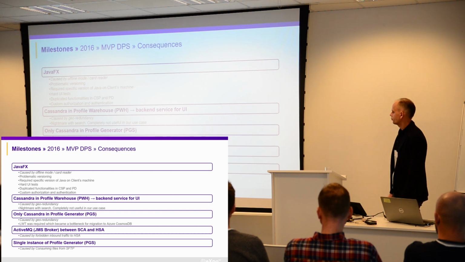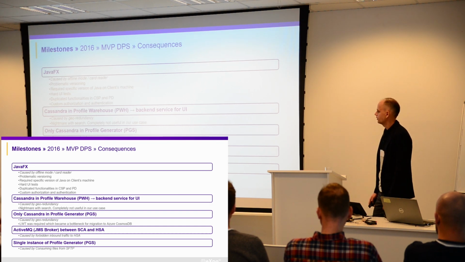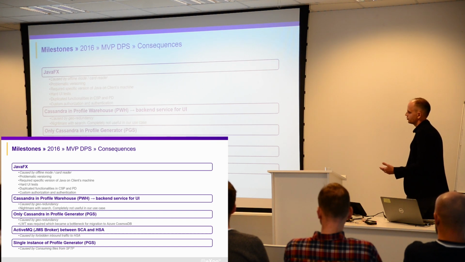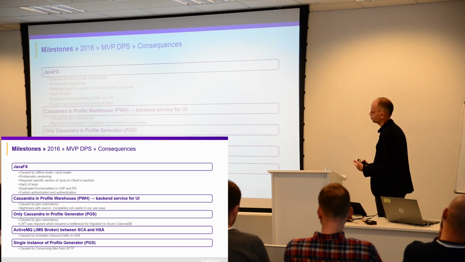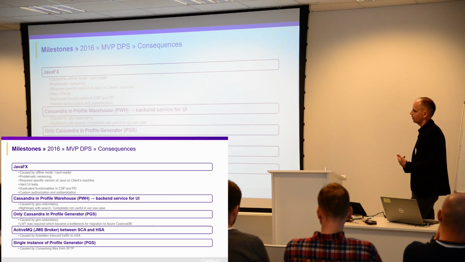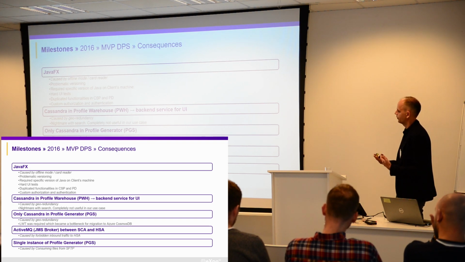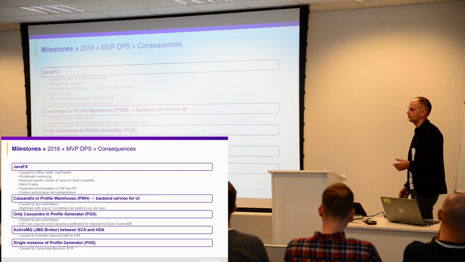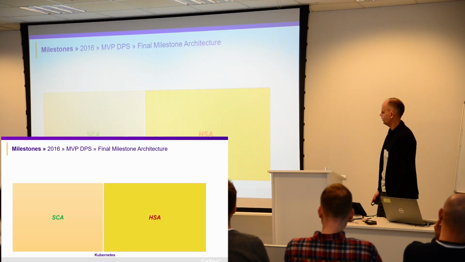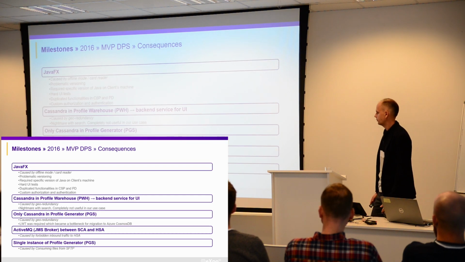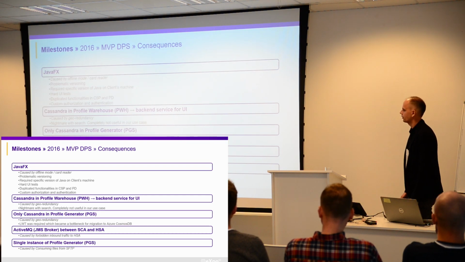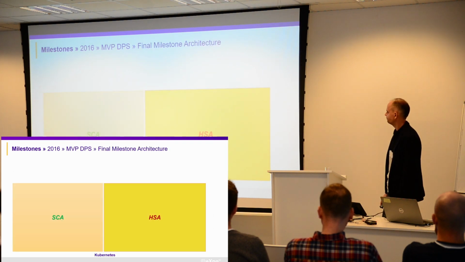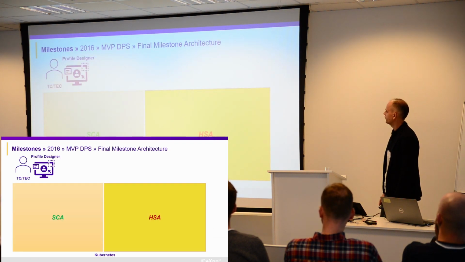And because we had the integration with SFTP, and we had only Cassandra in PGS, it was very hard to implement something which allows us to create more than one profile generator, because you can have only one single consumer on an SFTP site. Of course, it's possible, but Cassandra fits very well here, because you should avoid the queue on Cassandra. And this is the final architecture.